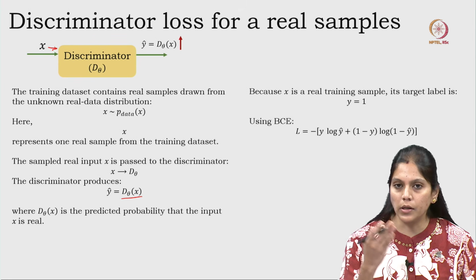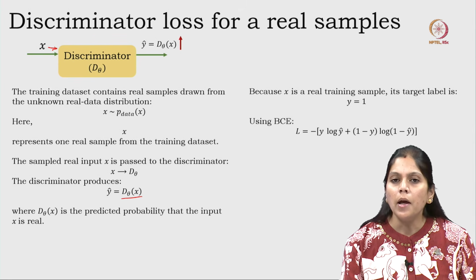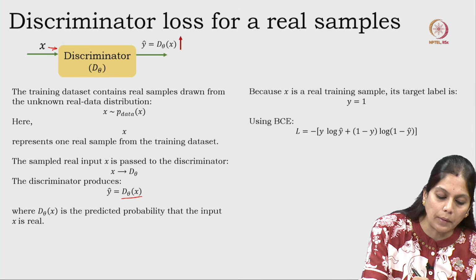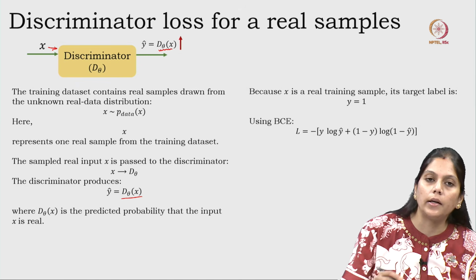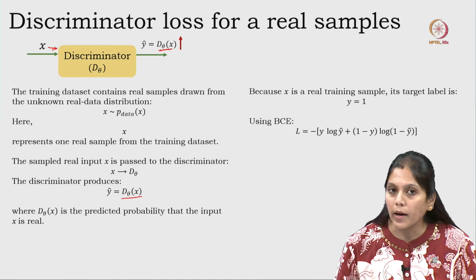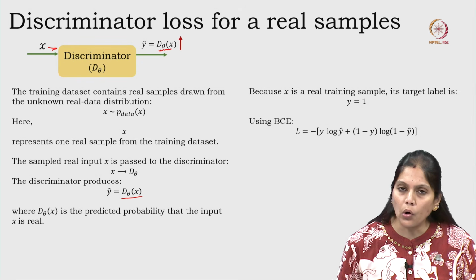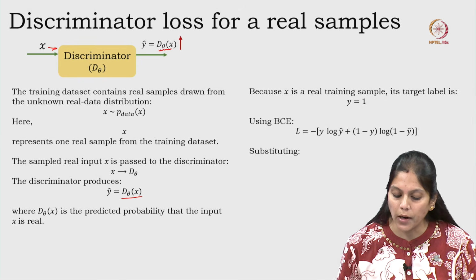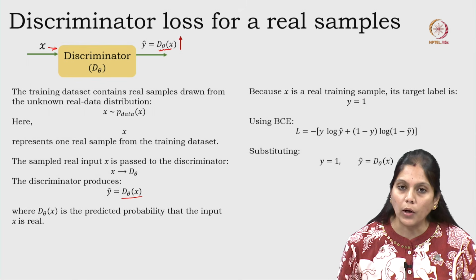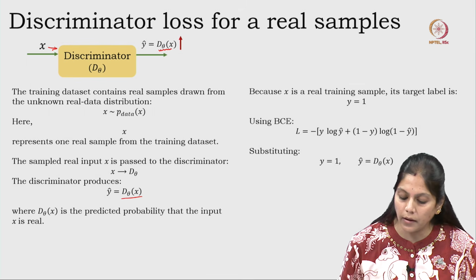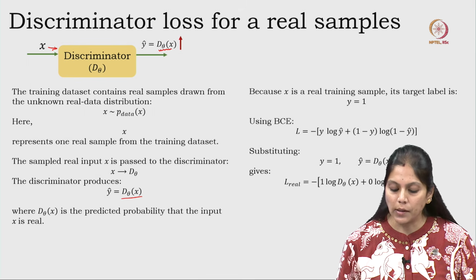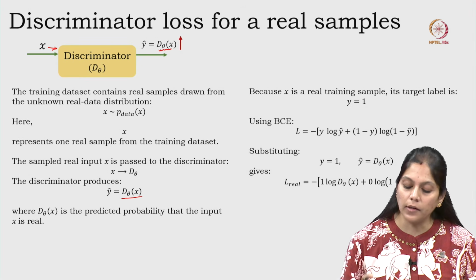Here y hat is the predicted value, which is D theta of x, and y is 1. Can we substitute all of these values into this formula? So, substituting y equal to 1 and y hat as D theta of x, on substituting we get this.